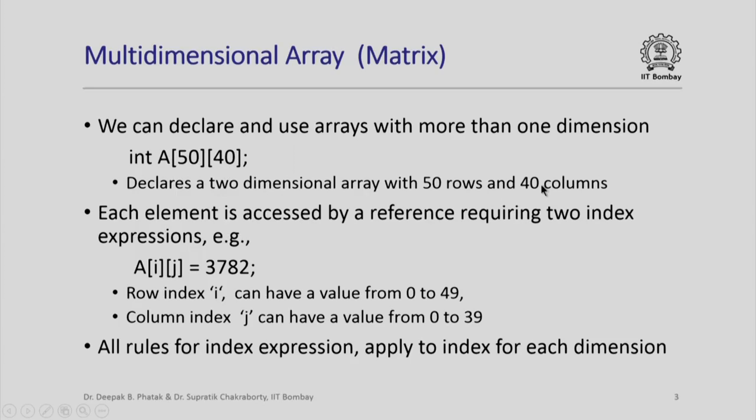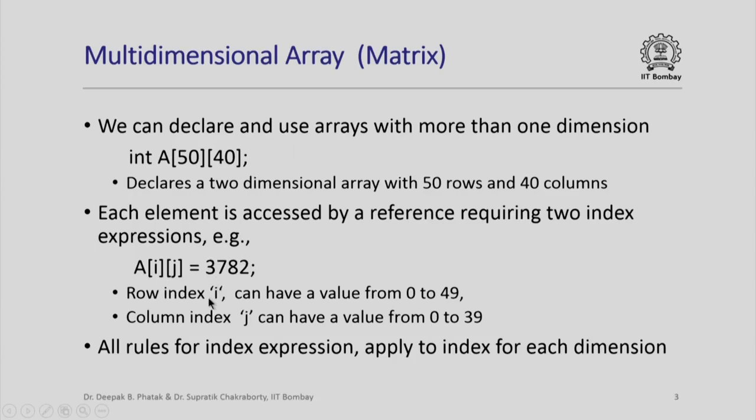Each element of this two-dimensional array is accessed by a reference which will now require two index expressions. So for example, a[i][j] will mean the ith row and jth column element. Suppose its value is 3782, then the ith row jth column element will be assigned this value.